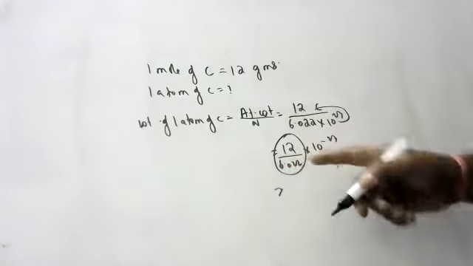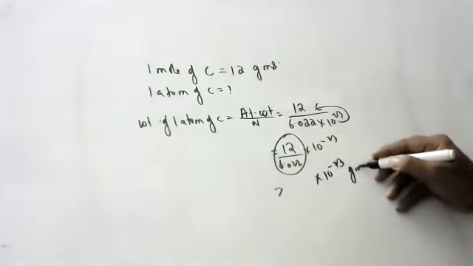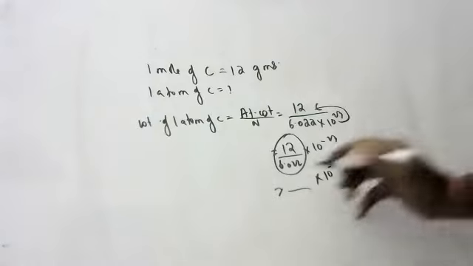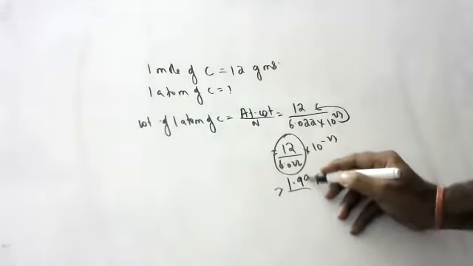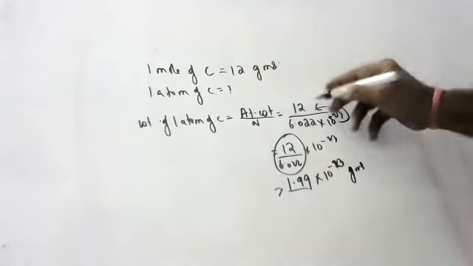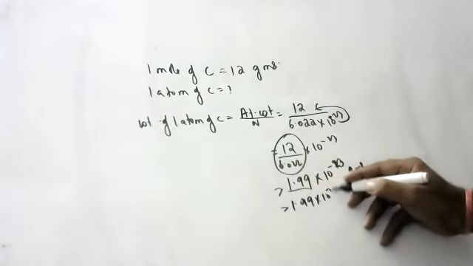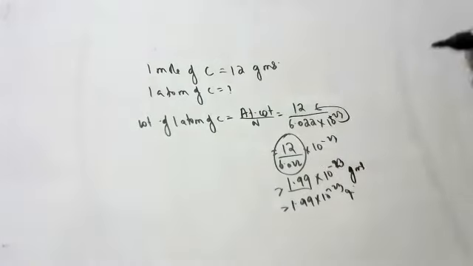Approximately 1.99. So 1.99 into 10 to the power of minus 23 grams is the weight of one atom of carbon.